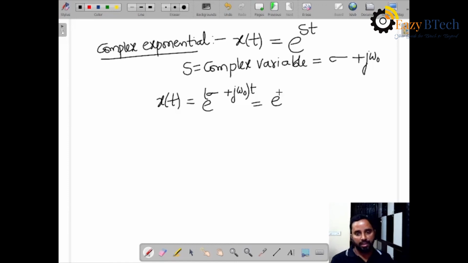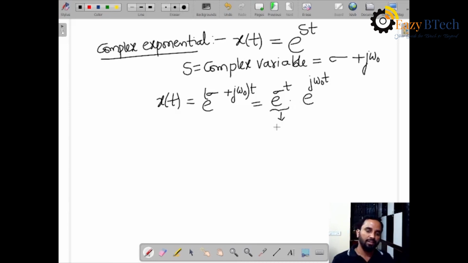This can be written as e power sigma t into e power j omega naught t. Right or not? Here in the power we have plus, so I am writing the bases with multiplication. What is this part? Already we discussed previously: e power sigma t, a real exponential.